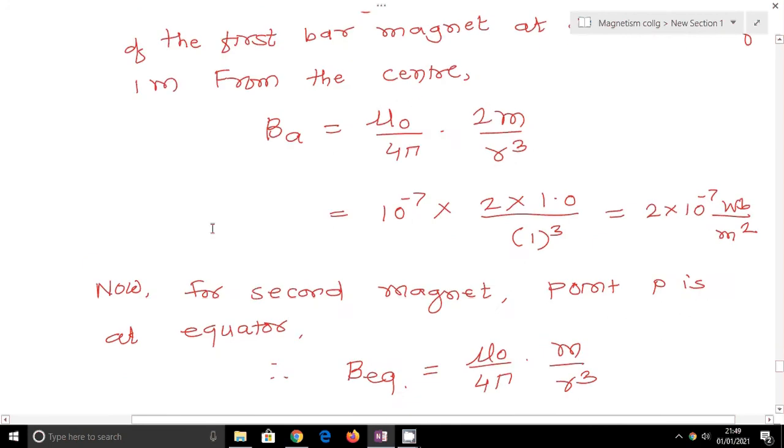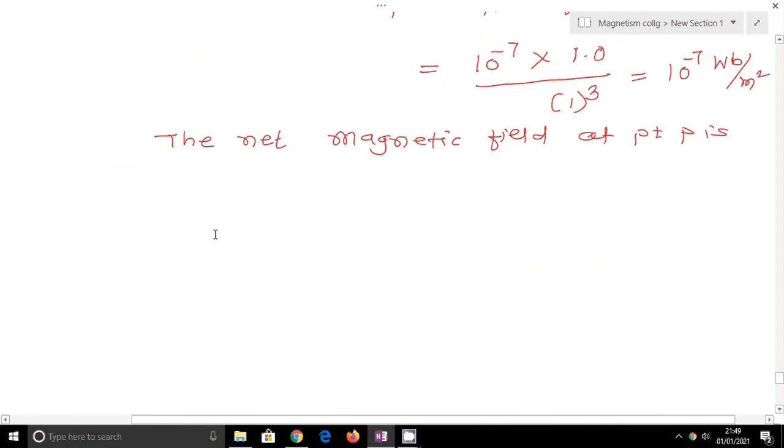So the magnitude of the resultant magnetic field, B net, is equal to the square root of B_A square plus B equatorial square.